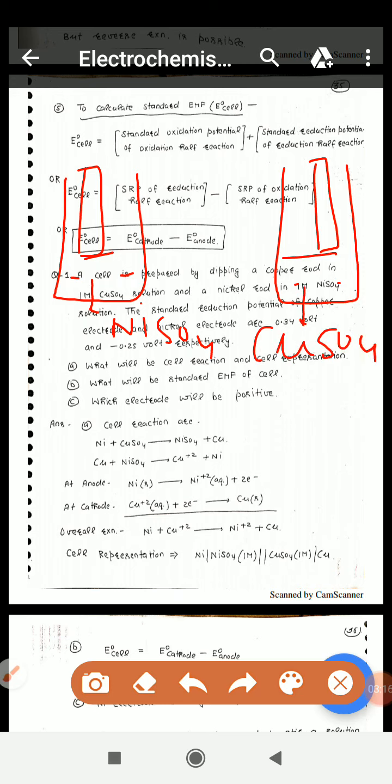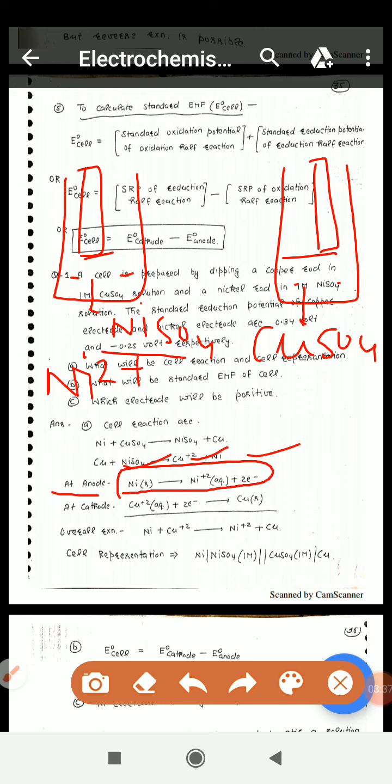Now, in nickel sulfate, how much charge is present on the nickel? Nickel 2+. The reaction takes place at the anode: nickel loses 2 electrons and is converted into nickel 2+. The electrons lost by the nickel transfer through the wire to the copper electrode.